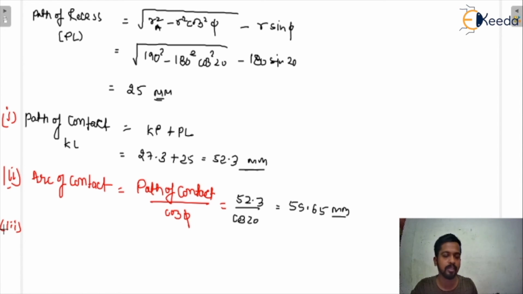There is a possibility of calculation error because of time pressure, as time is very short for the questions. So use the virtual calculator to increase your accuracy. Now we have calculated the arc of contact as 55.65 mm.